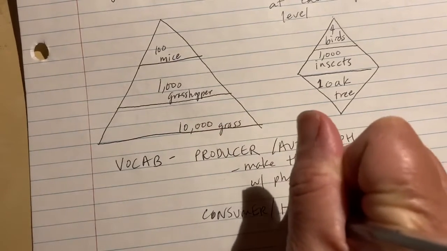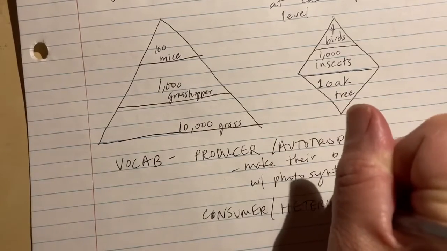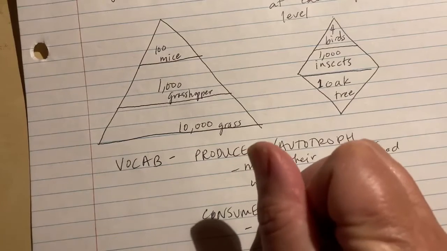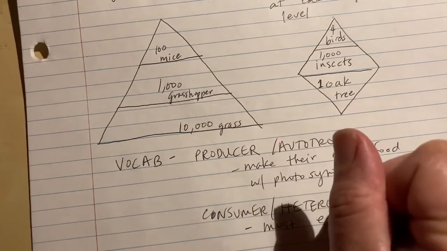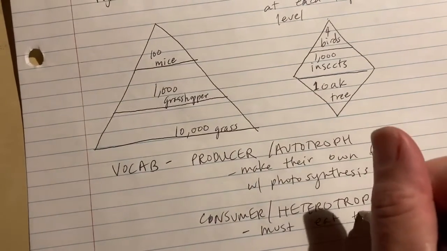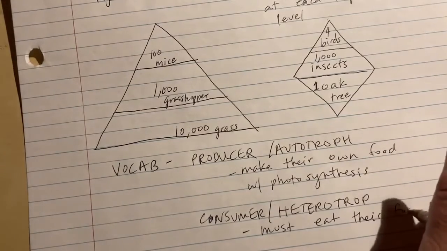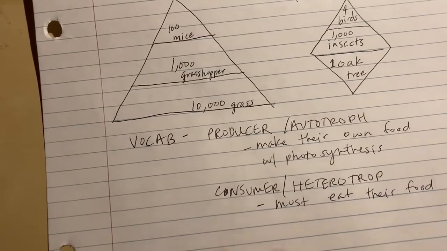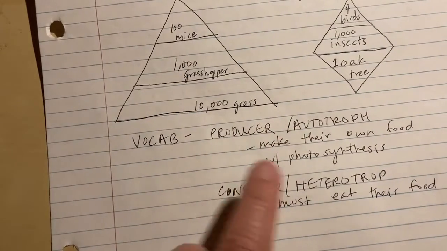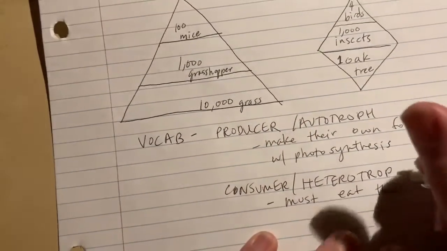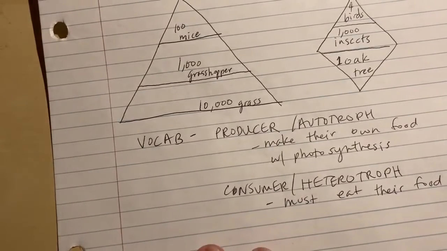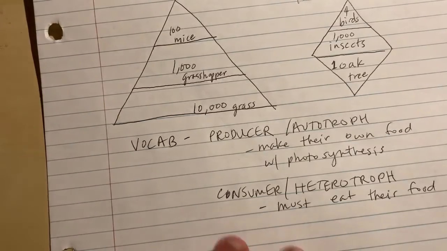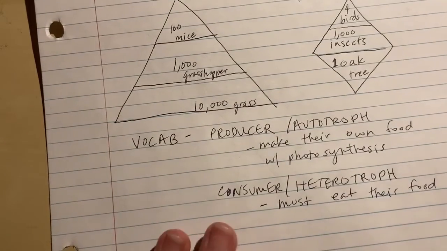Then we have our consumer, also known as a heterotroph. And these must eat their food. So they eat other organisms in order to survive, right? So we got producer, autotroph, consumer, heterotroph. Oops, left off the H. Producers are basically plants, so we got plants, algae, phytoplankton.